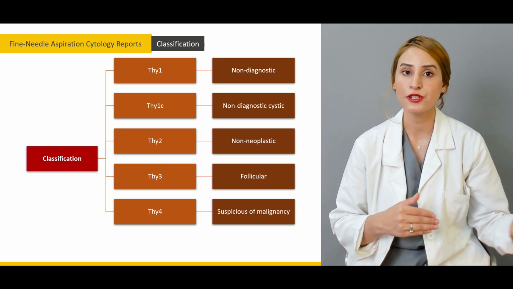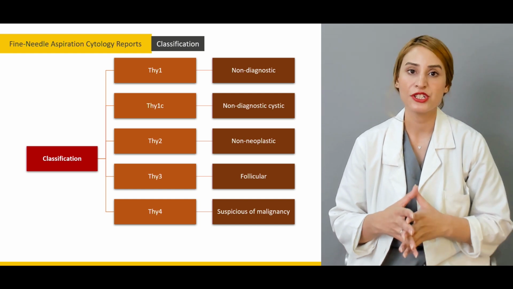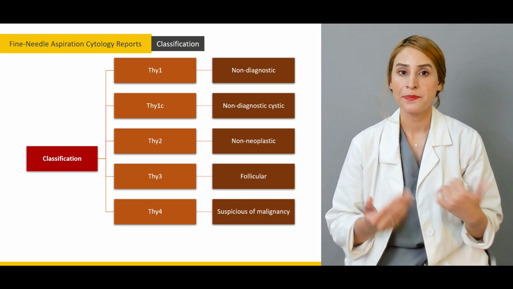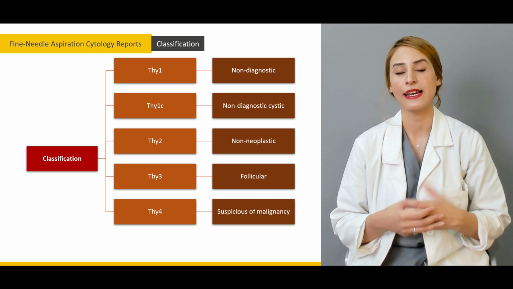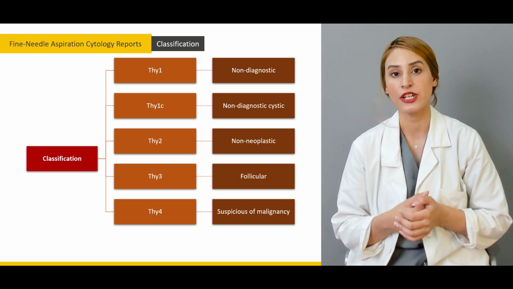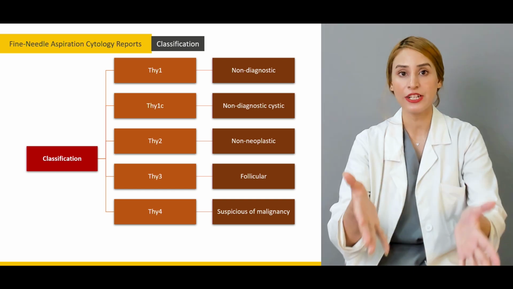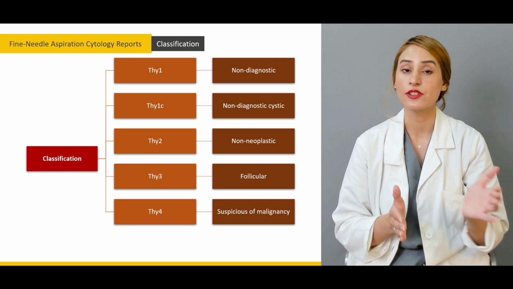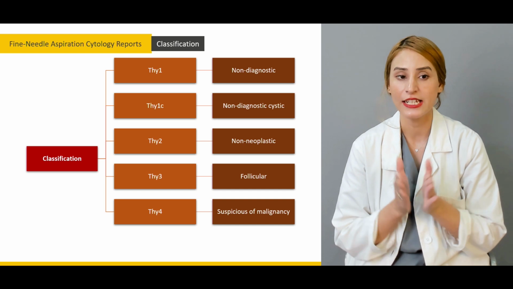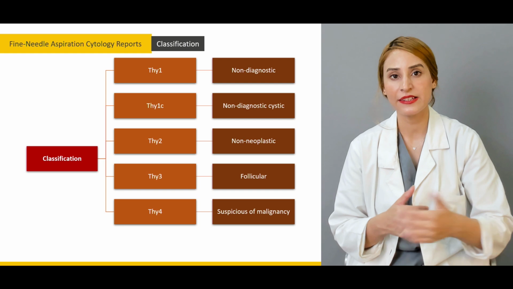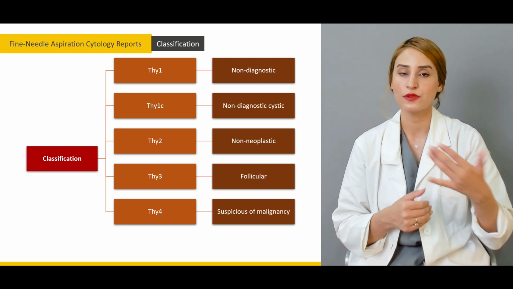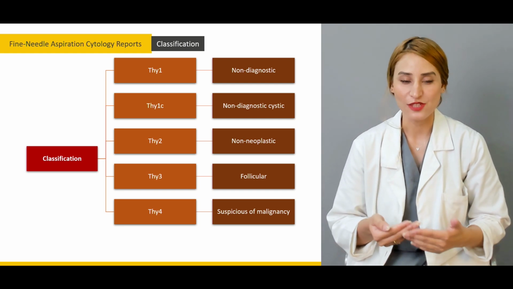If it is a hot nodule or cold nodule, we can have a little bit of an idea through the radionucleotide imaging. But in order to have a definite diagnosis, we have to go for the FNAC. So again, I'm just repeating this classification for you guys so you can memorize it well.